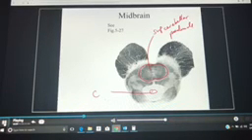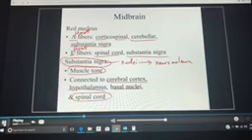Keep in mind that when you're talking about connections to the midbrain, as I said earlier, the connection, or the afferent fibers that course from the midbrain to the cerebellum, is through the superior cerebellar peduncle.